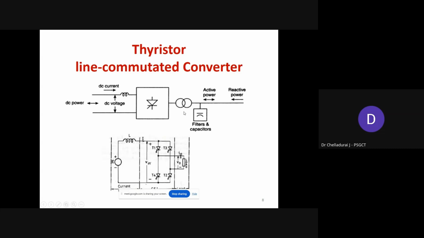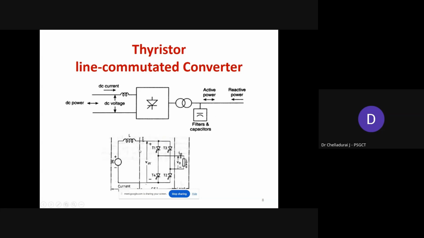But in this converter, the main problem is that it absorbs reactive power. Another very important point related to this line commutated converter is that the amount of harmonics injected into the power system network is also high, so we have to use filters.